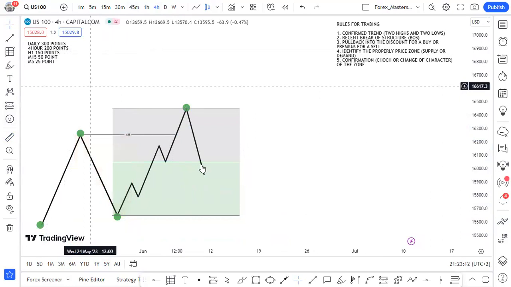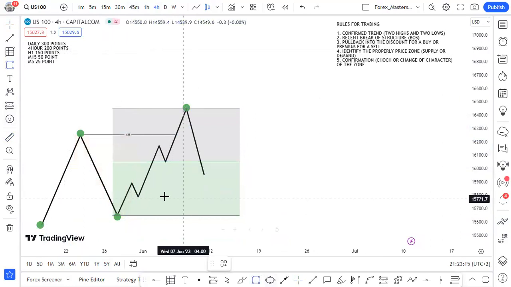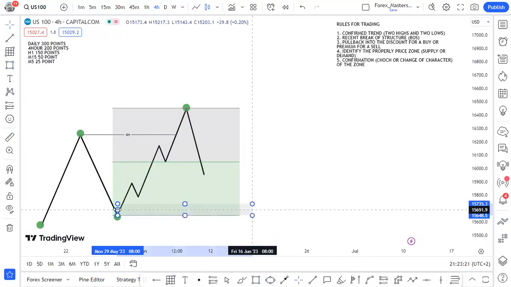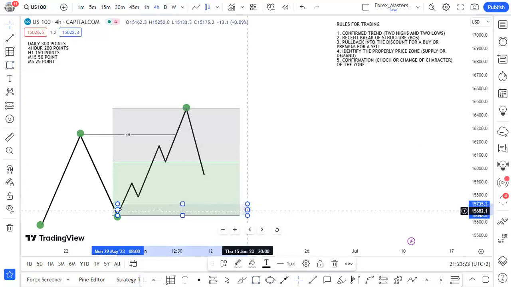And then once you do that, the next thing you're going to do is identify your zones. Like I said, the extreme zone is a zone that has a high probability.